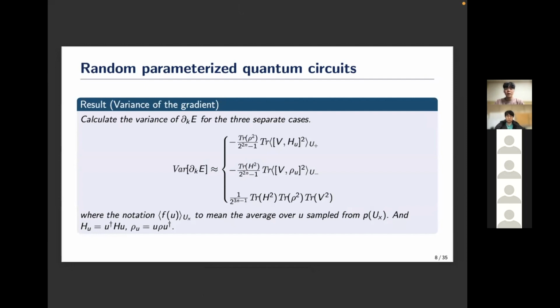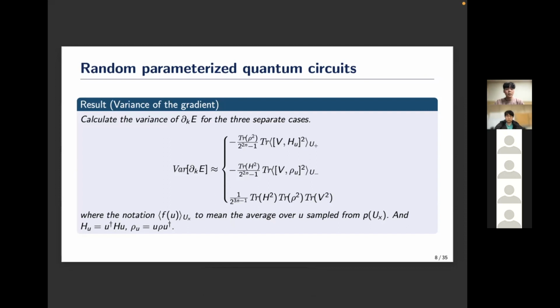The result is the first line of the slide. The second case is that U plus is a 2-design, but not U minus. The result is the second line of the slide. The last case is that both U minus and U plus are 2-designs. The result is the third line of the slide.